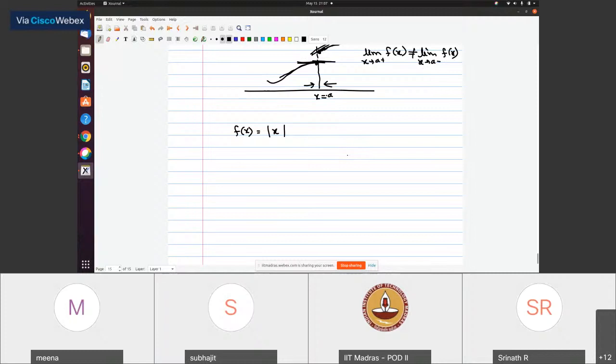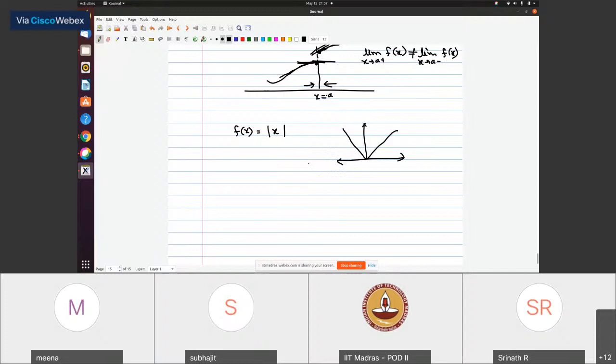Sir, mod of x, like an inverted triangle sort of, the graph will look like this. Not a triangle, I mean the graph will look like this, right? Yes, at zero.